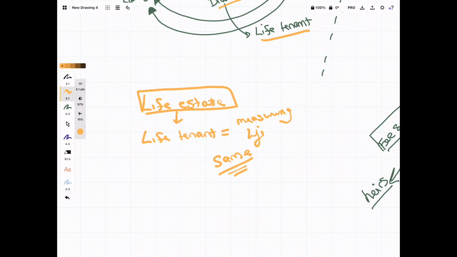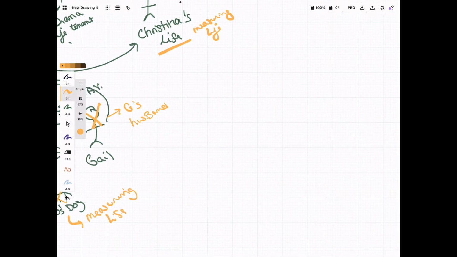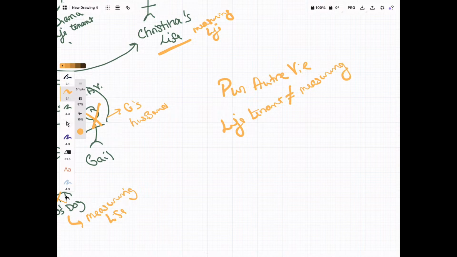So, in a life estate, the life tenant is equal to the measuring life. It's the same. But in a pur autre vie, the life tenant is not equal to the measuring life. Why?